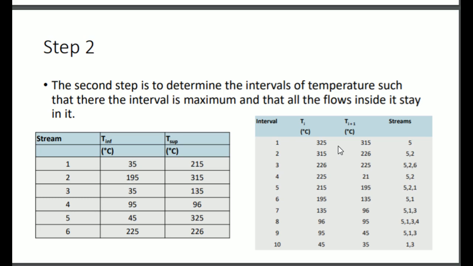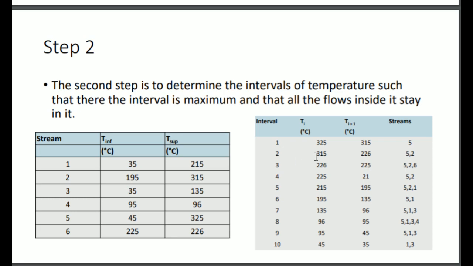And the second highest temperature is 315. So we have an interval of temperature between 325 and 315 that has only the stream 5, because here the stream 2 only will start to enter at 315. So in this interval of temperature there is only 5.